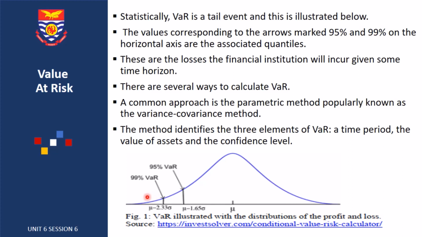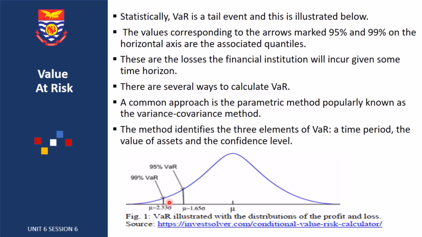Therefore, value at risk seeks to measure the tail. Remember, in a plot, this is the average, this is the positive returns, and this is the negative returns. If we are estimating a model considering this edge, we are simply looking at the risk component, or the chance of losing something.